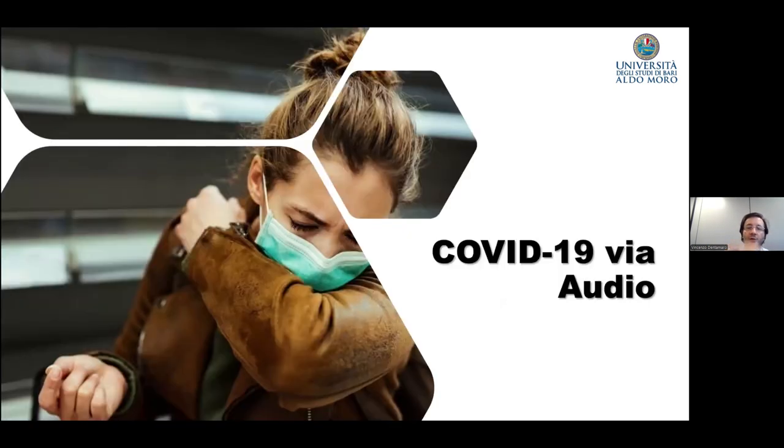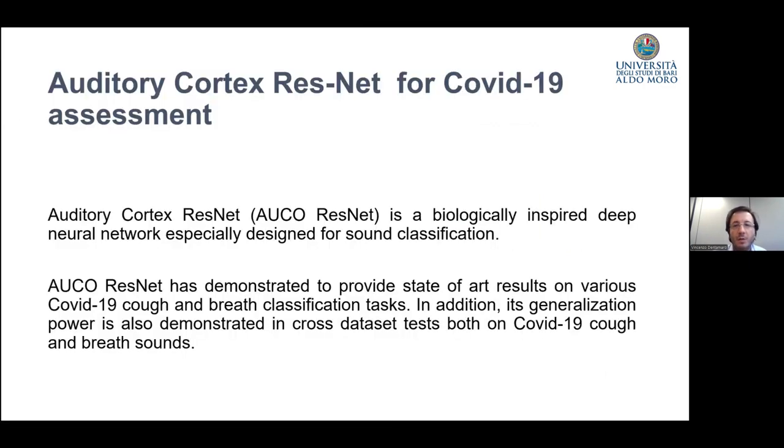Then we also started working, during the pandemic, on COVID-19 recognition via audio. We developed a pre-screening technique which is capable of finding the presence of COVID only from cough and breath sounds by using a normal smartphone.